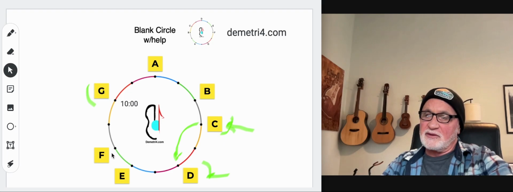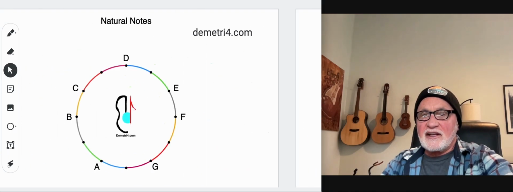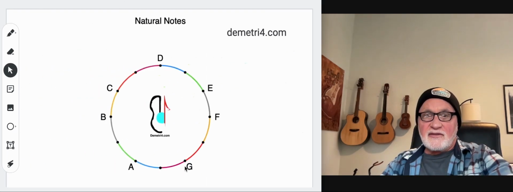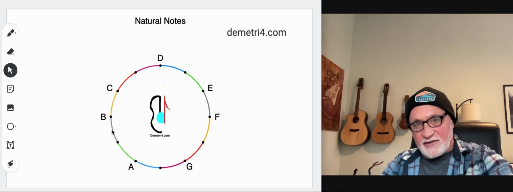For a major tetrachord, the second major tetrachord needs to start at 5 o'clock and have the structure of a whole step, 7 o'clock, a whole step, 9 o'clock, and a half step, 10 o'clock. And we can see that in our natural note circle. 5 o'clock, 7 o'clock, 9 o'clock, 10 o'clock. So we're trying to get that G major scale to match this form, okay?